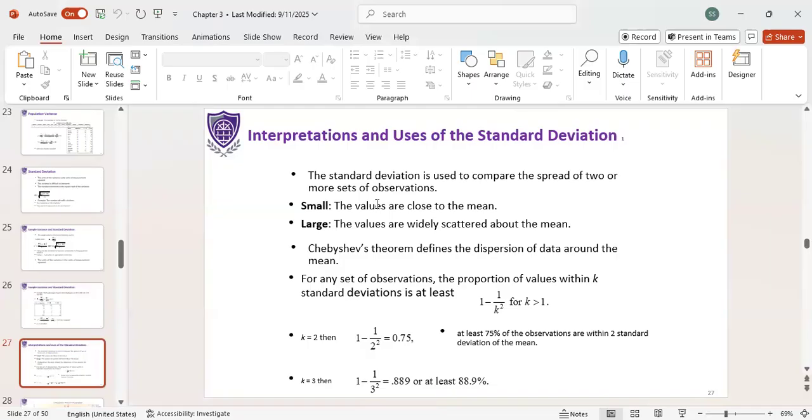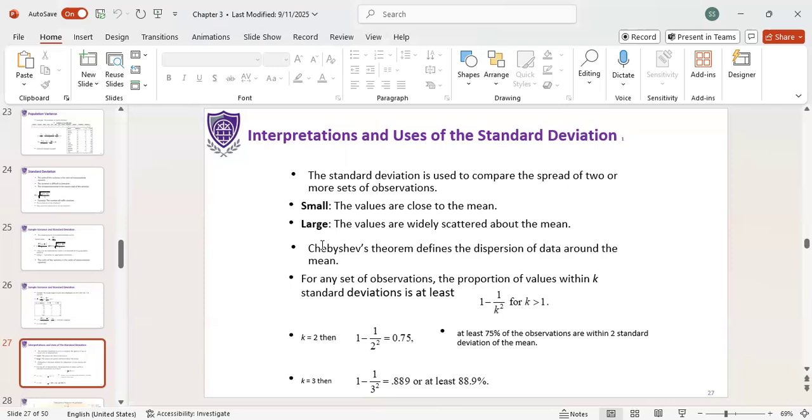If it's small, it means the values are closer to the mean, the same as the example we saw for two locations. And if it's large, it means the values are widely scattered about the mean.